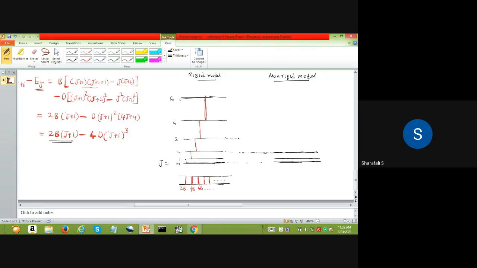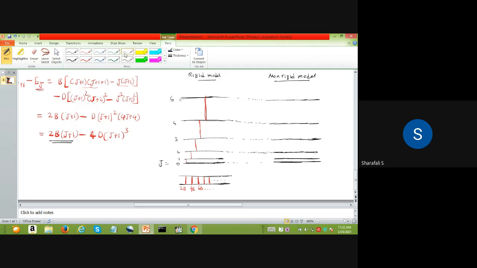Then the third and fourth energy levels here also will be slightly decreased. So this will happen to the energy levels.